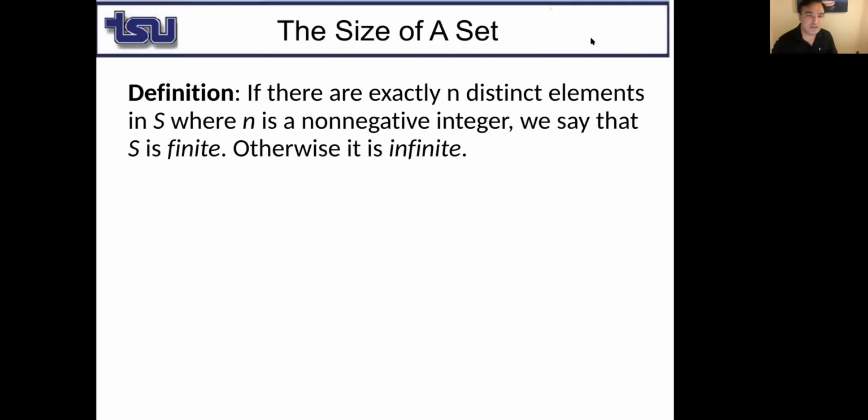What is the size of a set? We call it cardinality, by the way. That is the number of distinct elements, basically. If you can count them, and it's a non-negative integer, then we say S is a finite set. For example, here, 1, 2, 3. This is a finite set, and its size is 3.